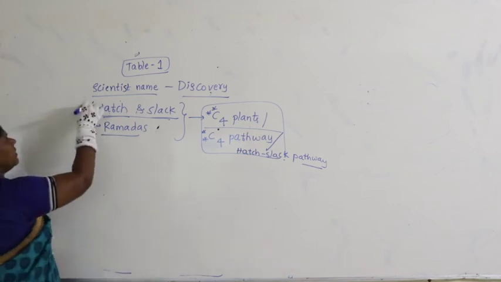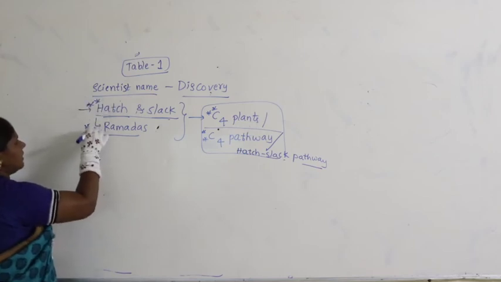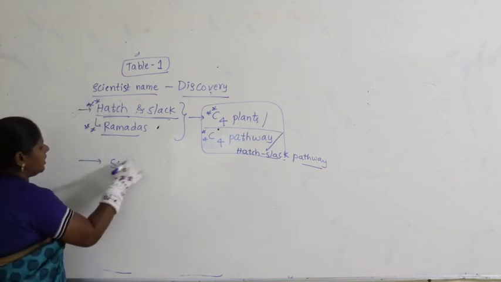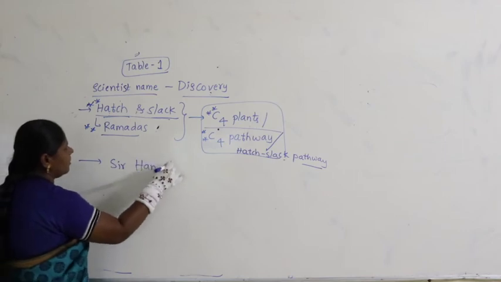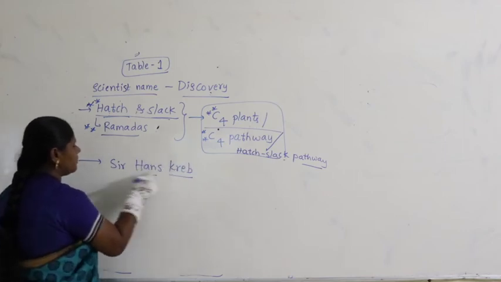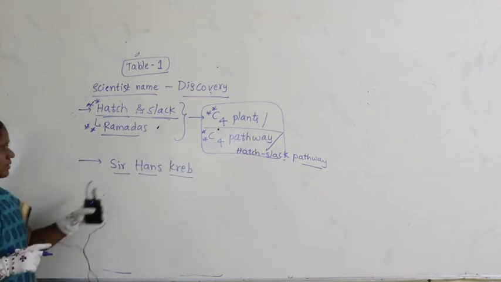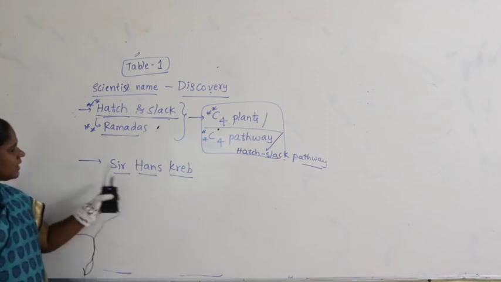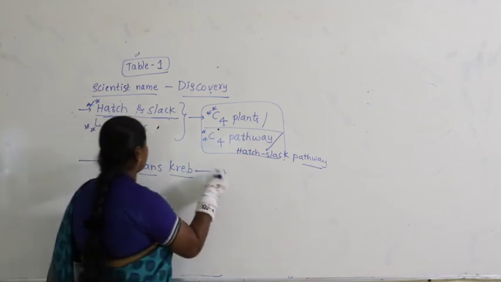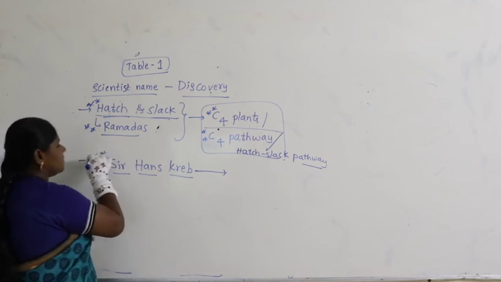So, this is the scientist name, and remember the other scientists. Then Sir Hans Krebs, he is a scientist. We call him Sir because he was awarded the Nobel Prize. Sir Hans Krebs is the scientist who revealed the process of the Krebs cycle.